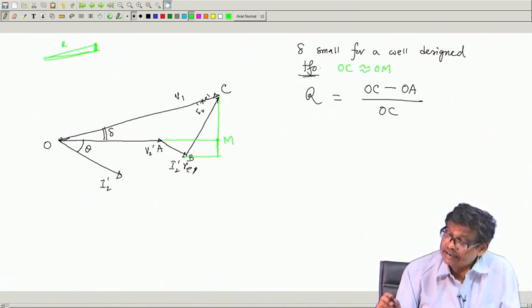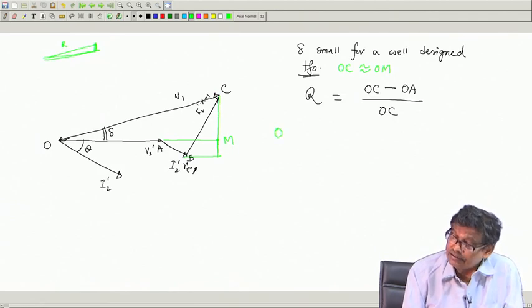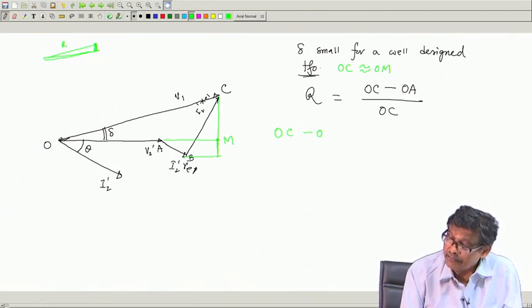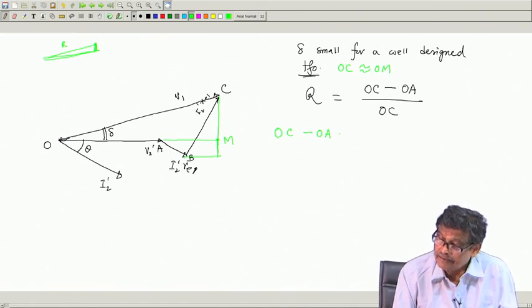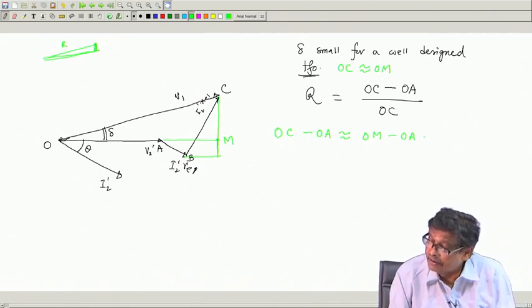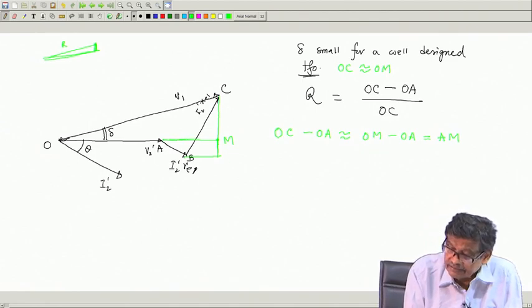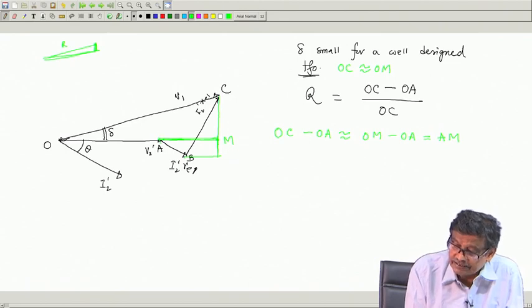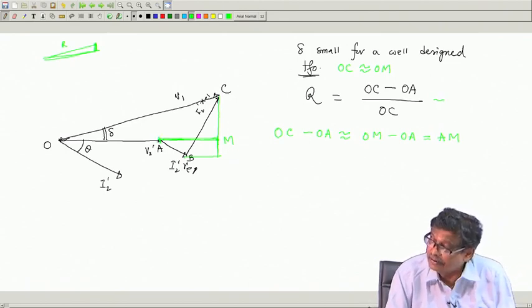Therefore, I can say that O C minus O A is approximately equal to O M minus O A, and O M minus O A is nothing but A M, this length. So, the numerator is this length, and this is approximately equal to A M by O C.